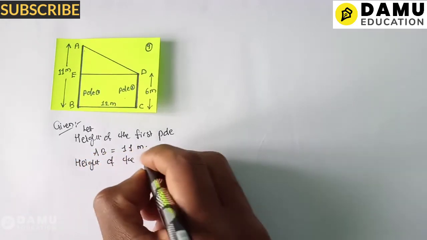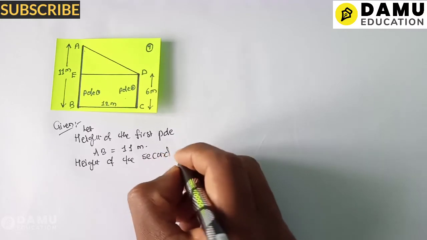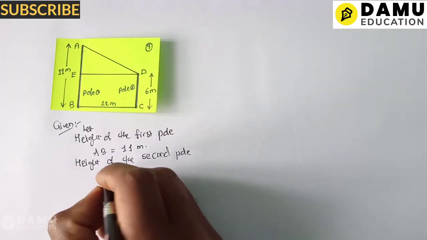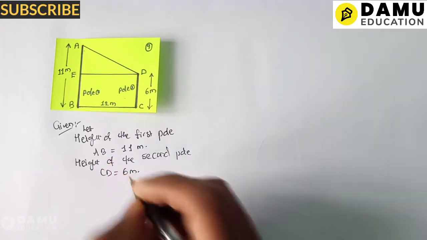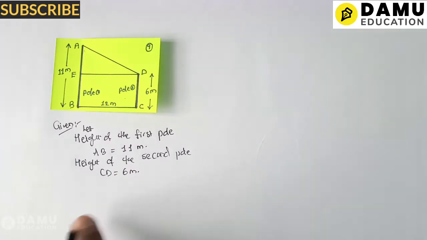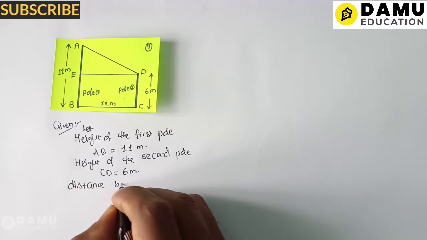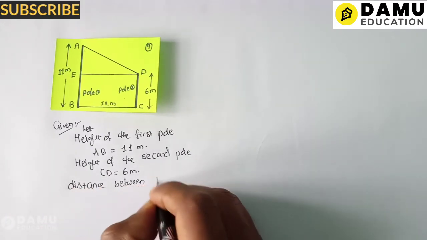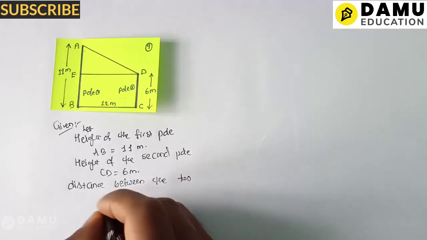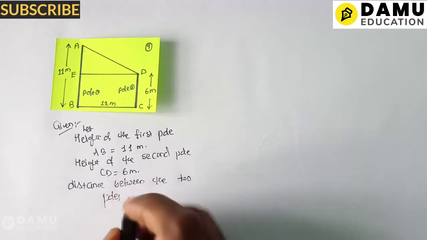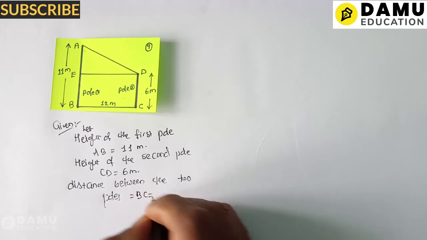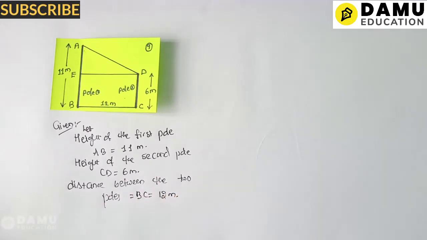You can write height of the second pole, that is CD, will be equal to 6 meters. Write all the conditions: the distance between the two poles is BC, that is 12 meters.